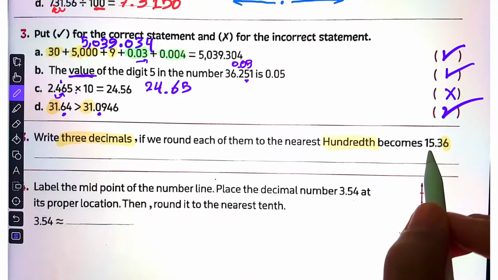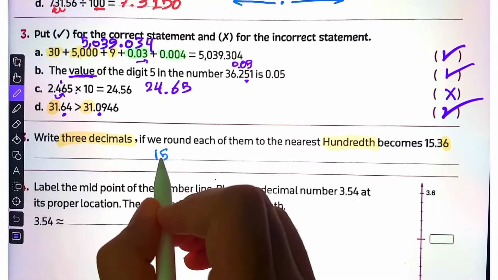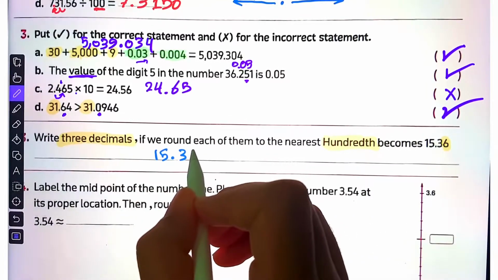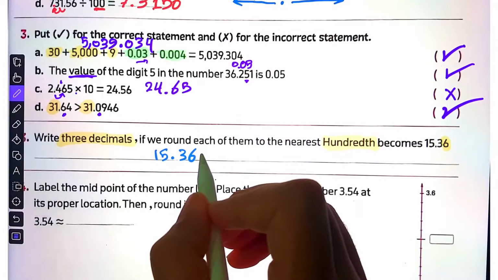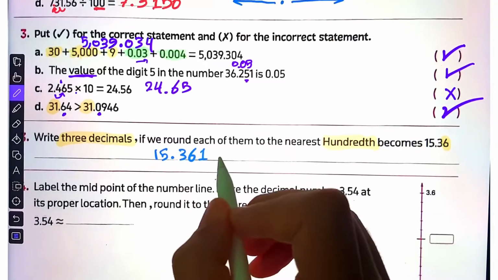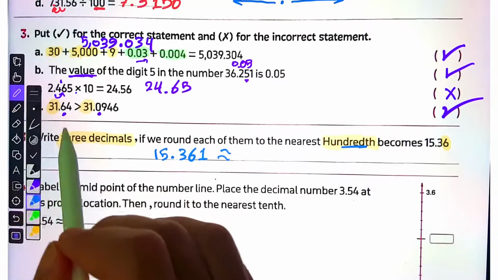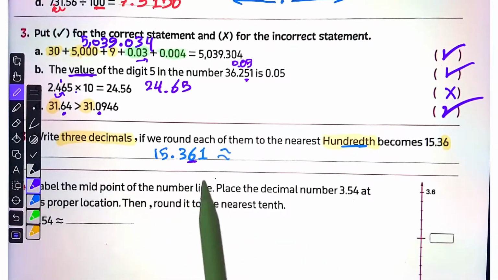Actually, we can write more than 3 decimals. For example, if I said 15.36 and here I wrote any poor number, for example, 1. If I rounded this to the nearest hundredth, where is hundredth here? Hundredth here is 6.